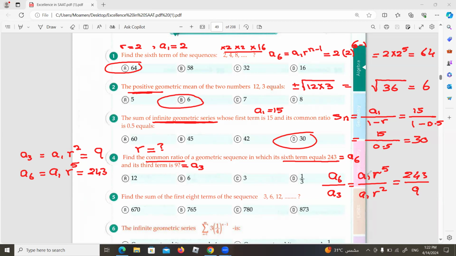I'll cancel A1 with A1. So the remainder is R power 5 over R power 2; subtract the powers, it will be R power 3. R power 3 equals 243 divided by 9.